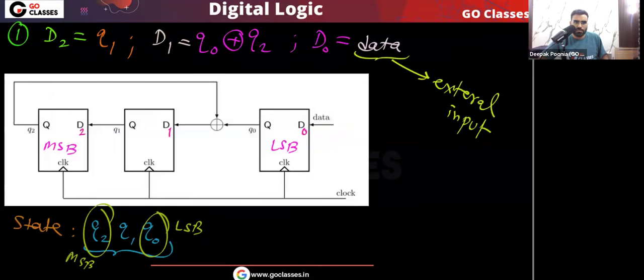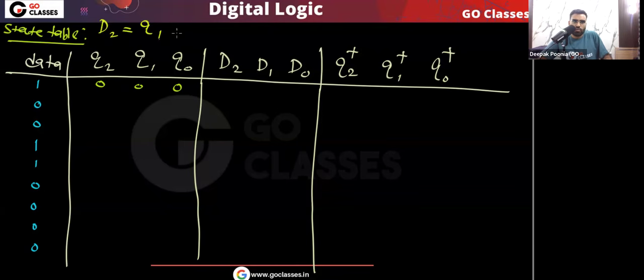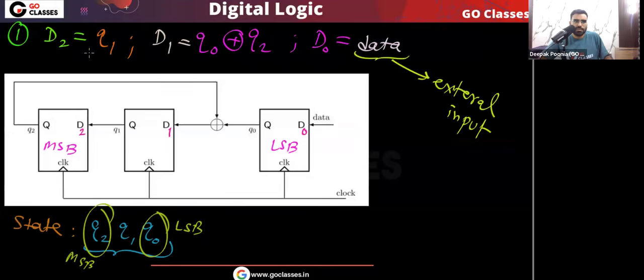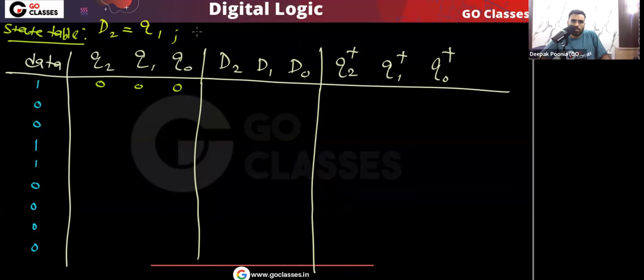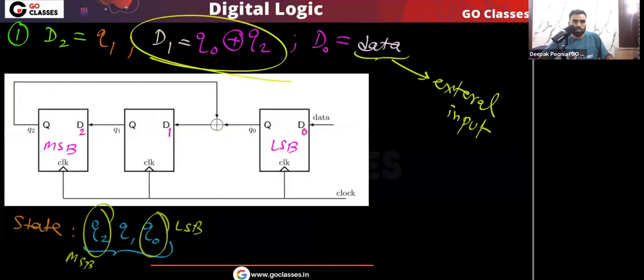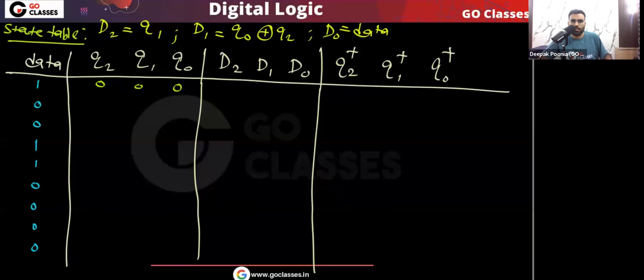D2 is Q1. D1 is Q0 XOR Q2. And what is D0? This is same as data.